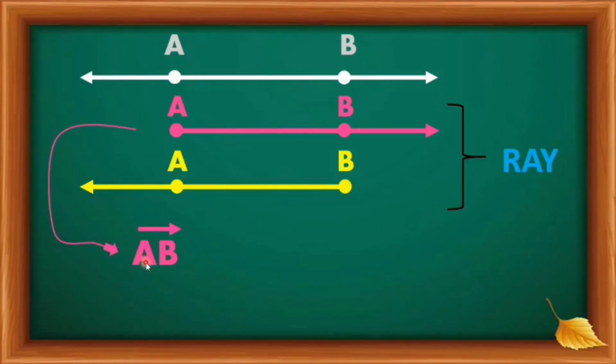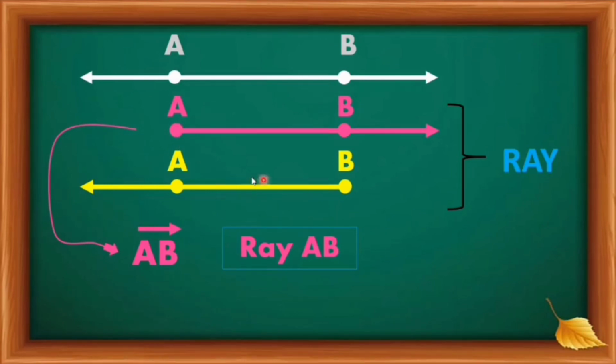Two capital letters AB and with the symbol of a ray above, and this can be read as ray AB. My question is, pwede ba nating pangalanan tong pink ray ng ray BA? No, hindi pwede dahil katulad ng sabi ko kanina, we should always start at the endpoint.